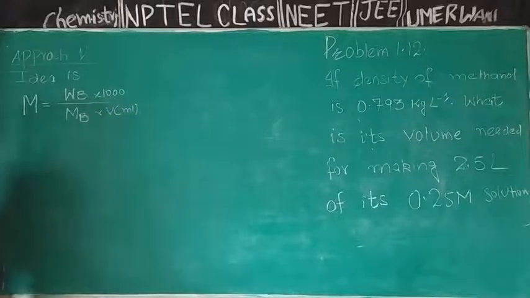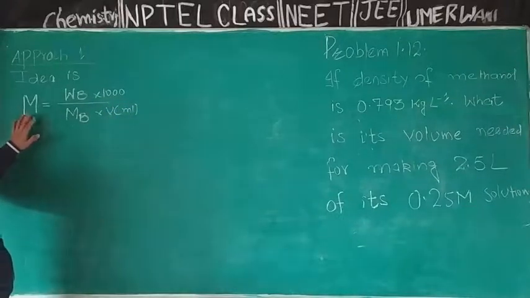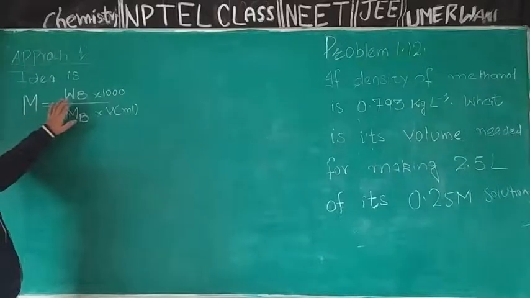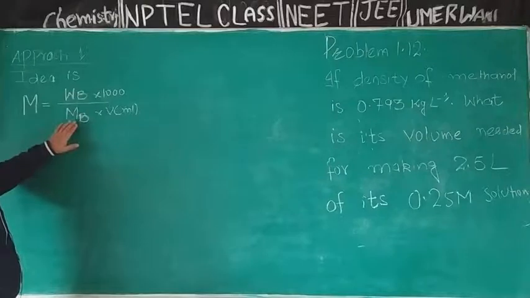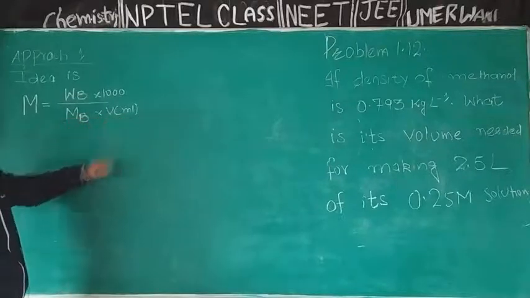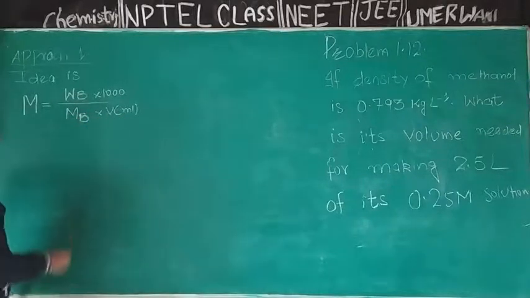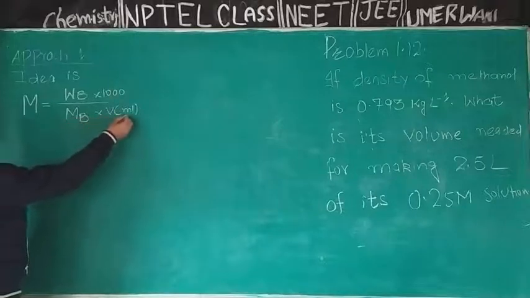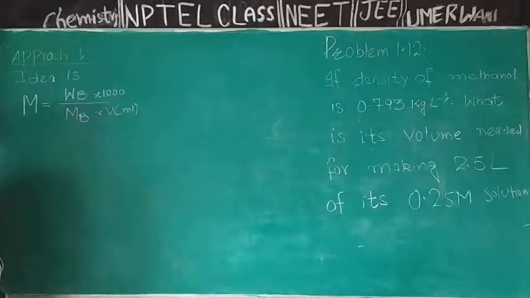This is the equation of molarity, and this equation relates molarity of solution with dissolved weight of solute, molar mass of solute and volume of solution, but in ml. And if I express volume in terms of liters, then I need to skip this 1000.